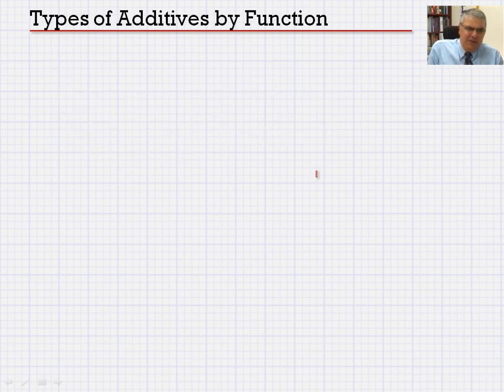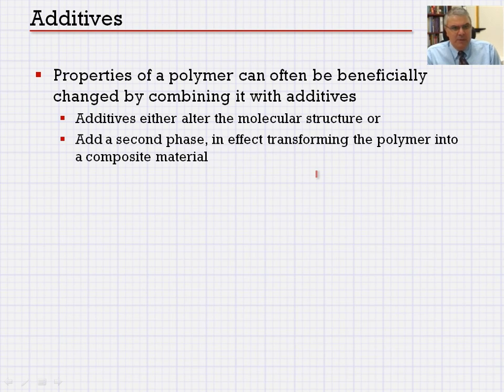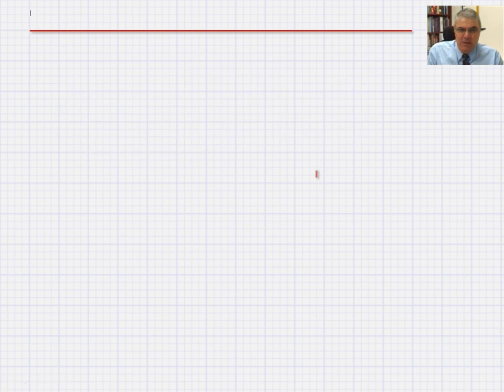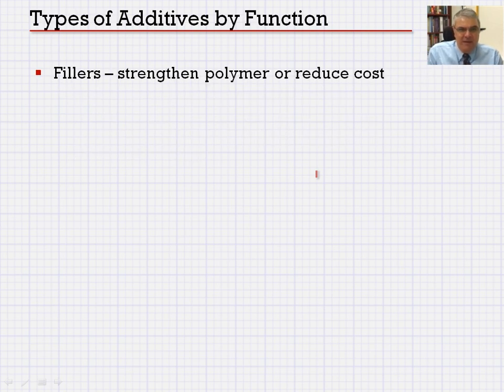We can have different types of additives in polymers by function. In general, properties of a polymer can often be changed if we combine it with additives. We can alter the molecular structure, or we can pretty much transform a polymer into a composite material by adding a second phase.